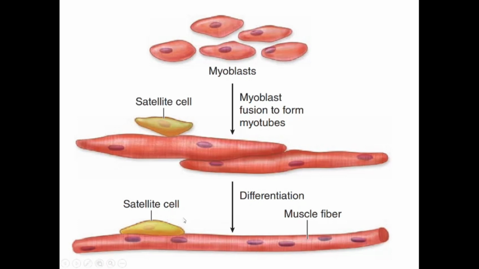In hyperplasia, satellite cells proliferate and create new muscle fibers. In hypertrophy, the satellite cells join the pre-existing muscle fiber and create new muscle fibers with larger diameters.